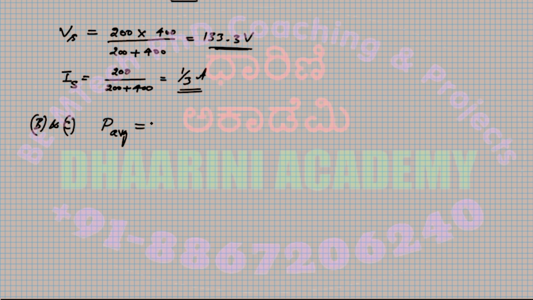You have options. You can do I square into R, otherwise you can write V square divided by R. That's also fine. Otherwise V into I. Now you see, IS is known.